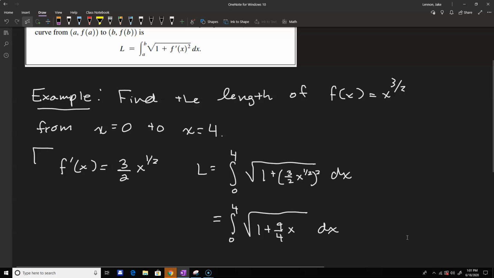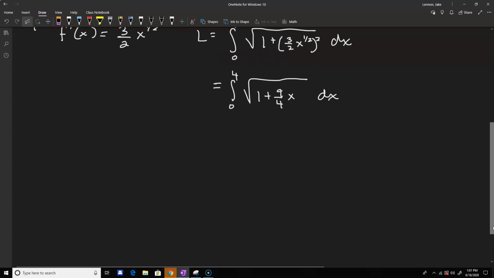So that's just going to be a straightforward substitution. We'll just let u be the entire quantity beneath the radical. So we got to use sub to finish this up. Again, let's let u equal 1 plus 9 over 4 x. So then du will equal 9 over 4 dx. Don't forget to translate your limits. Your x equals 0 limit will go to u equals 1.